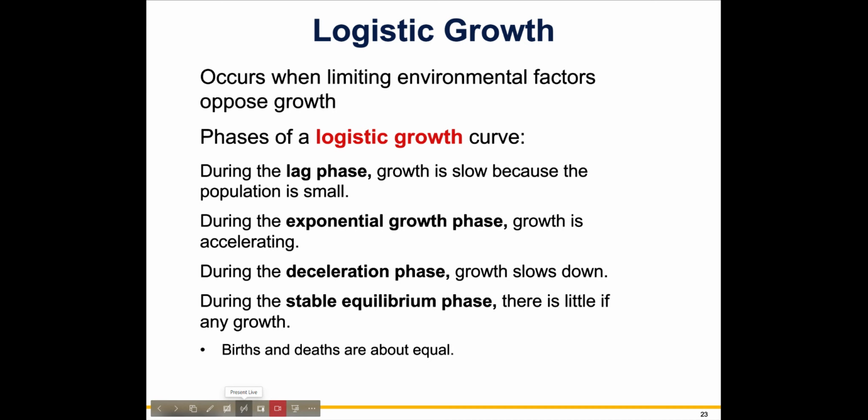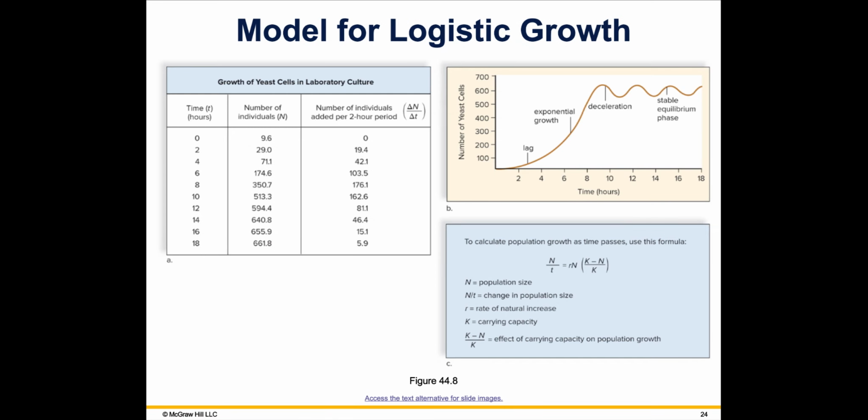And that stable equilibrium phase, we'll see it on this slide. We're going to call that our carrying capacity. That's the maximum number of individuals the resources in that environment can hold. When we are talking about carrying capacity, we represent that with a capital letter K. Again, you are not going to need to calculate these population growths, but it is something that ecologists are modeling and calculating.